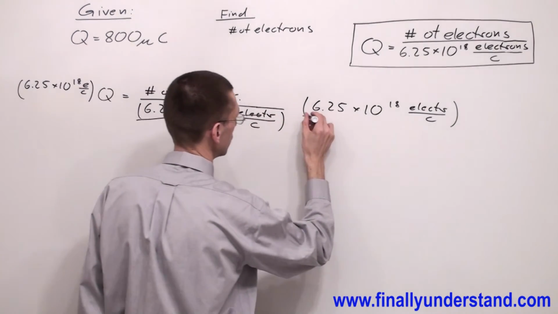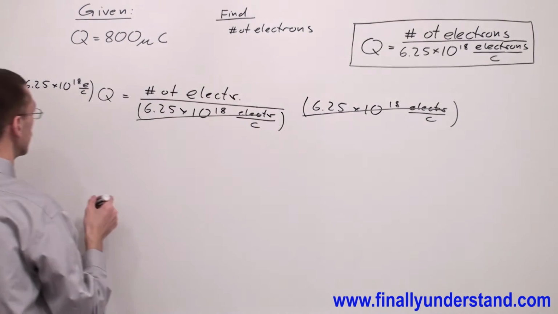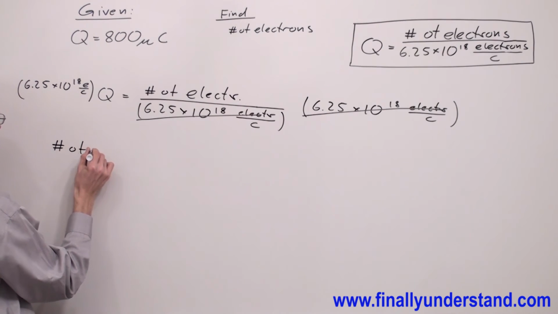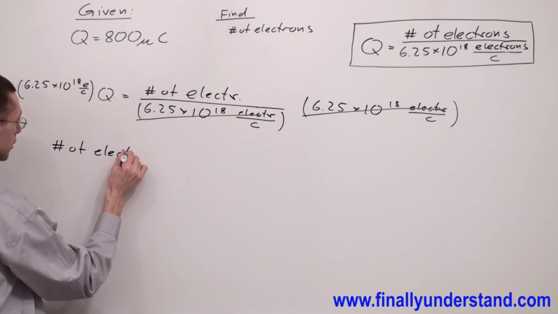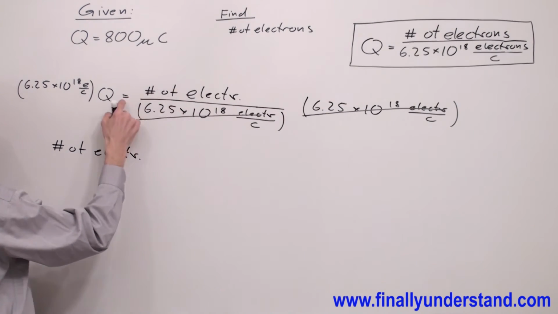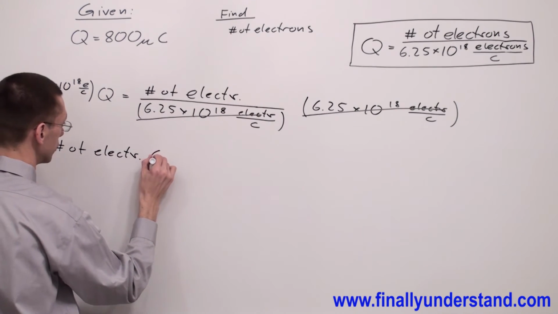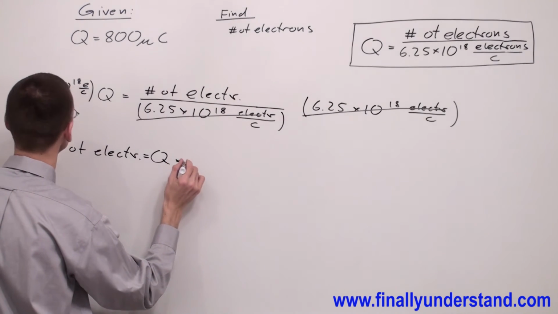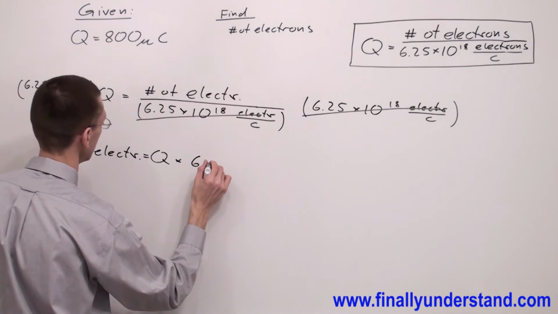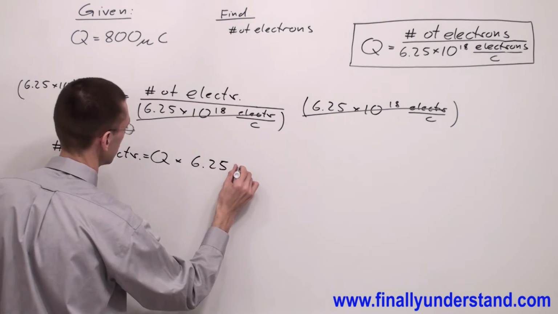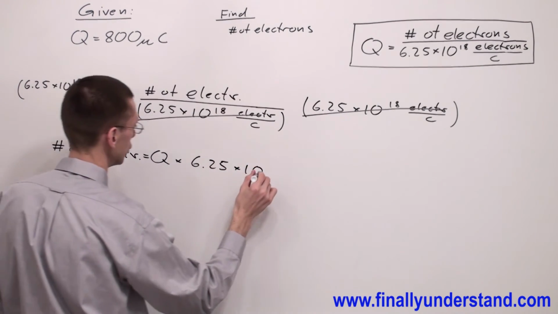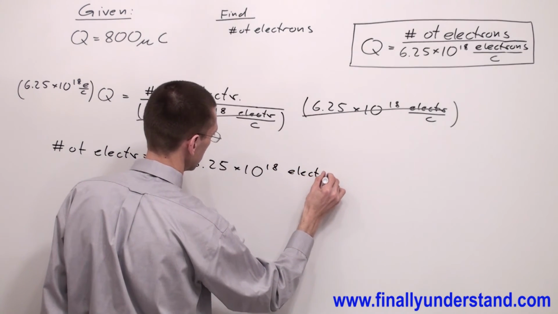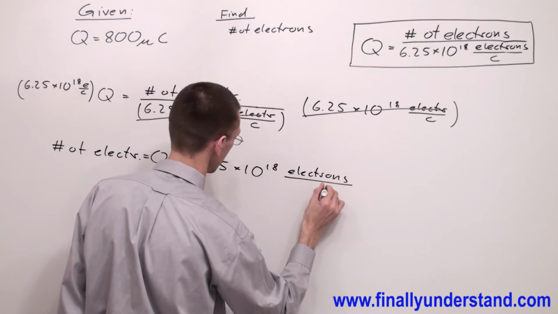The denominator is going to cancel out, and I'm going to have number of electrons is equal to Q times 6.25 times 10 to the 18 electrons per coulomb.